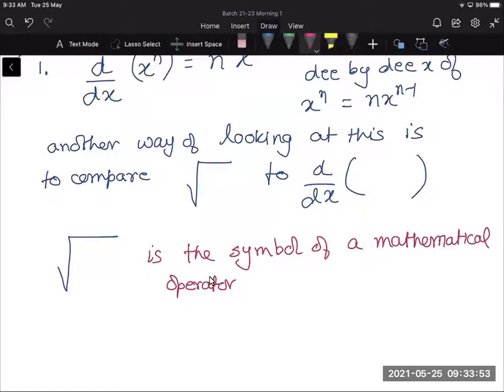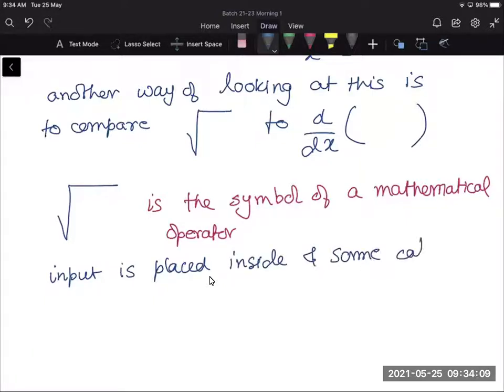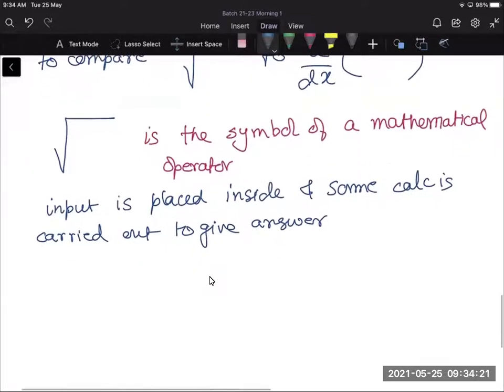So this is a mathematical operator where the input is placed inside and some calculation is carried out to give the answer. So under root of this, which is the input, is equal to plus minus 2. This is the output.